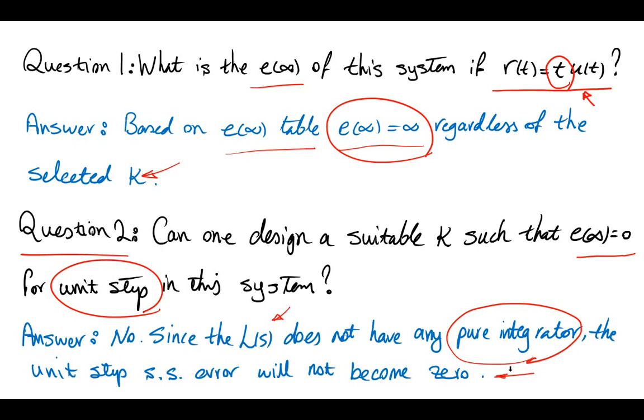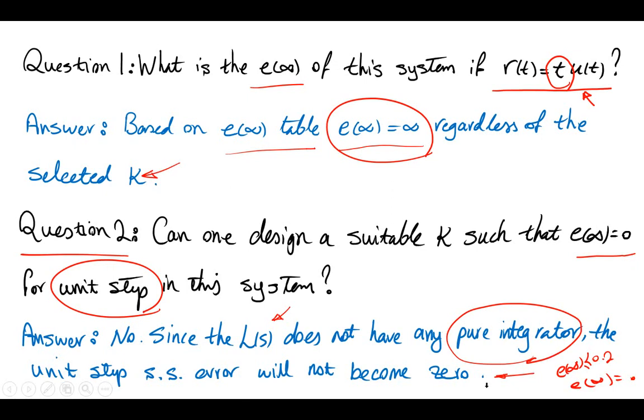But it can be made constant, like we did, for example, a steady state error less than 0.2. But we cannot make it exactly 0 for any selected finite K.